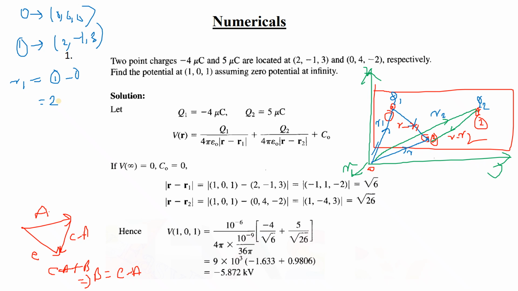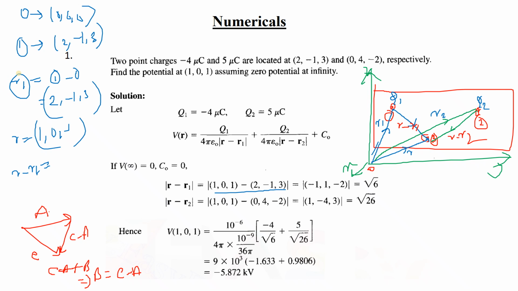The distance of this is, that is, 2. Okay, this distance. Oh sorry, yes, the distance will be this one, 2, minus 1, 3. Quite easy. What is R? R is this, 1, 0, 1. So R minus R1 will be the difference between these two.